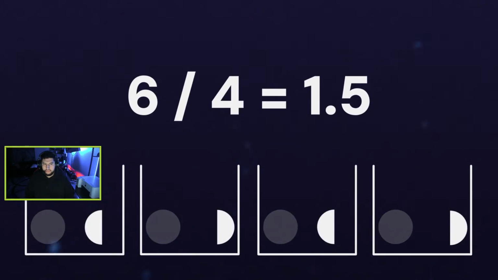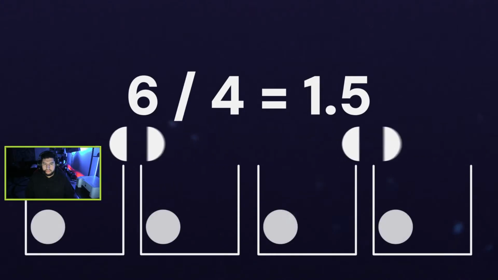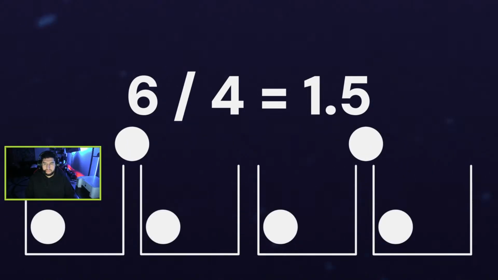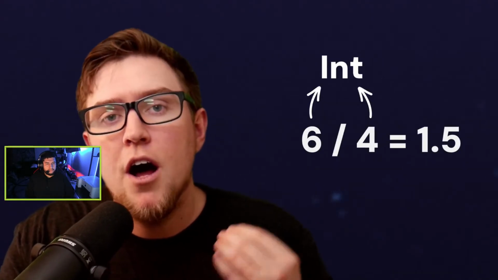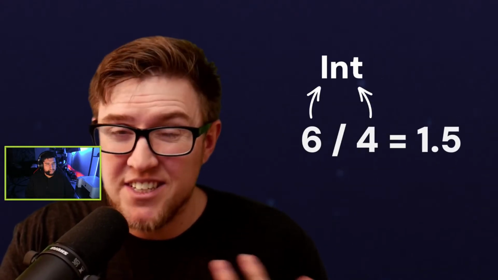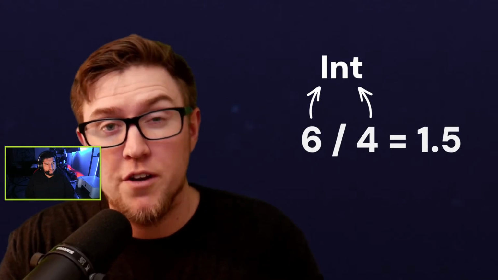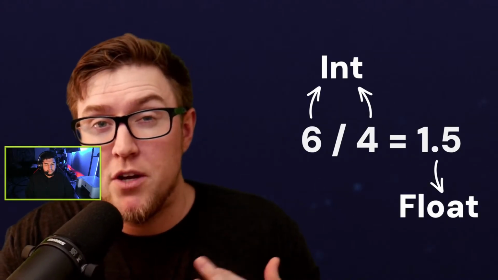Because it goes into 6 once, then we're left with a remainder of 2, and 2 divided by 4 is 0.5. So in all of these examples, we divided one integer by another integer, and we were actually left with, at least in the case of the last example, a fractional part, which isn't an integer. In Python, it's called a float, or in a language like C, it might be called a double.